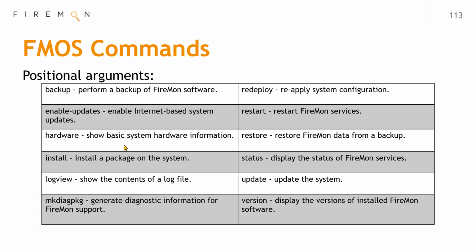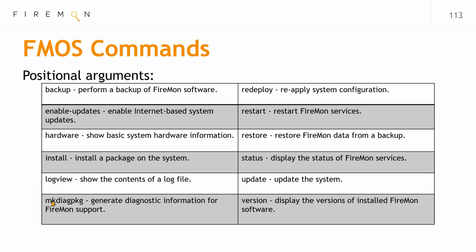fmos hardware is going to show you basic hardware information about the device that you're sitting on. Log view is one of those commands that will allow you to look at the inside contents of some of your FireMon logs, and we'll be diving into that in a little bit more detail shortly. There's that mcdiag package command that you could run from the command line as opposed to running it through the server control panel.